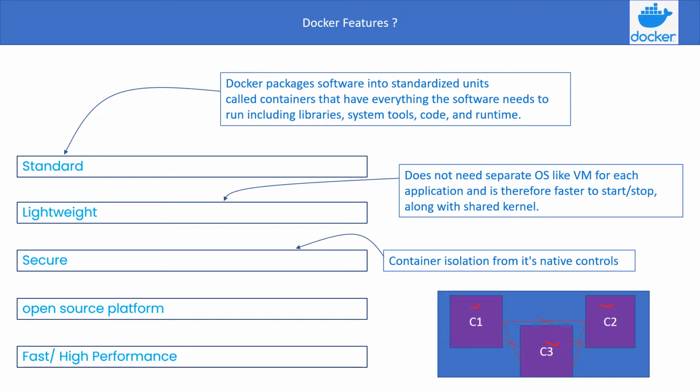So C1 cannot communicate with C2, C1 cannot communicate with C3, and C2 cannot communicate with C3, though they reside on the same OS. It is an open source platform, and since it is very lightweight, that gives you a faster response and high performance.